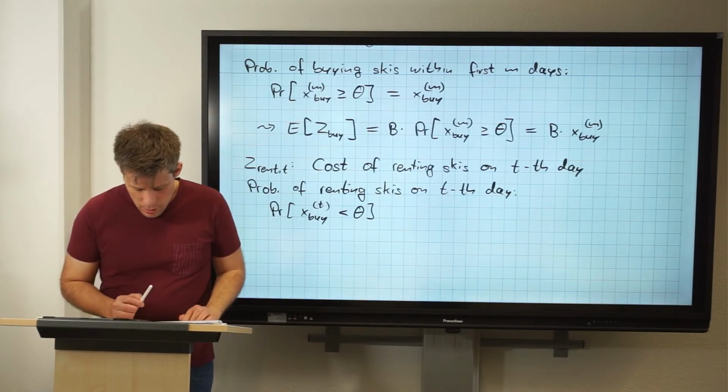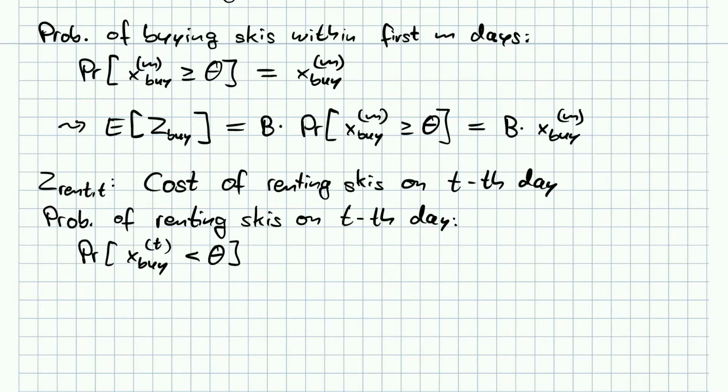Good. So what's that probability? This probability is exactly equal to 1 minus x buy t. Good.